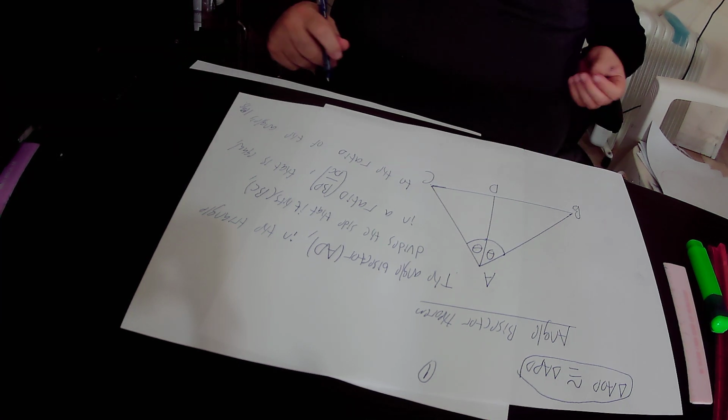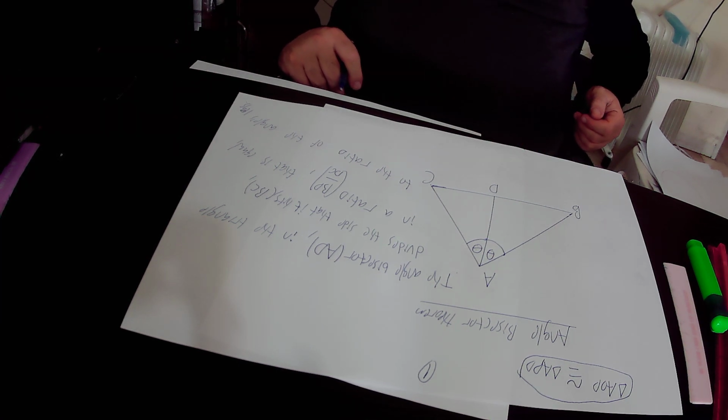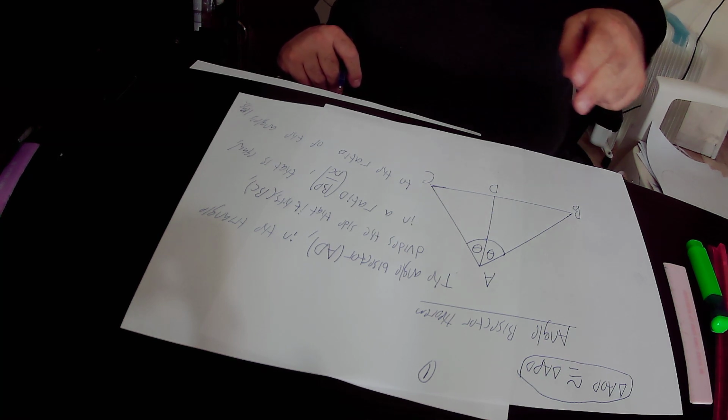And we are relating to the angle that has been bisected by the angle bisector AD into two halves.